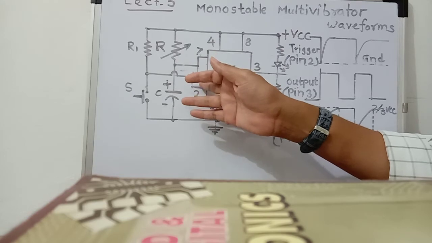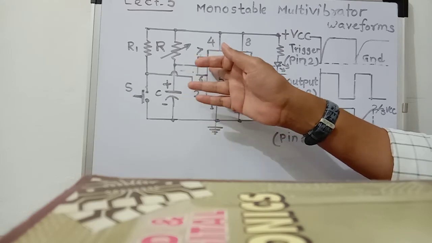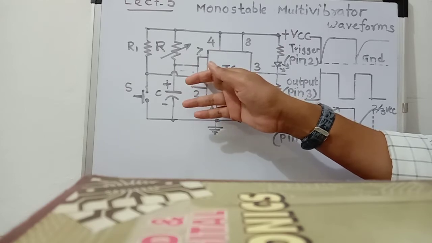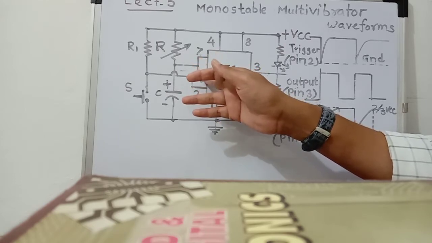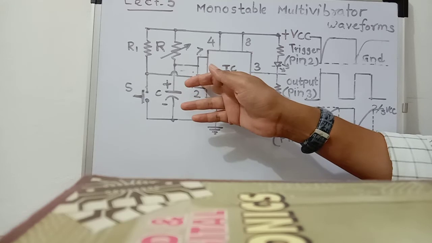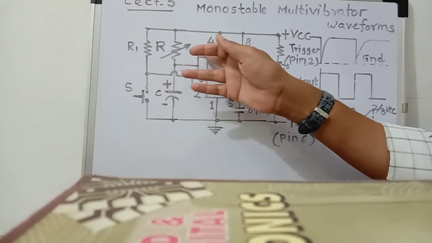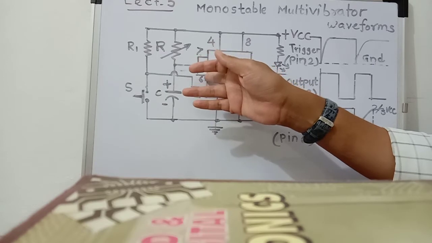Its output becomes high and it drives the discharge transistor. So the internal discharge transistor will be in the saturation or on condition. Therefore this external capacitor discharges through the internal transistor.